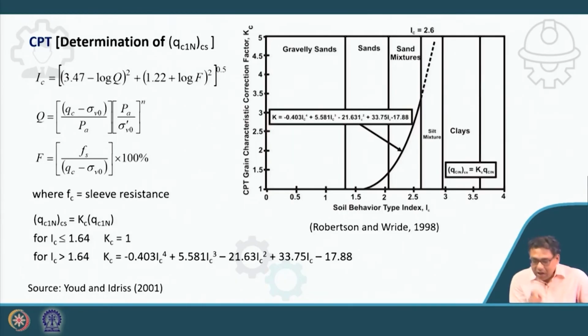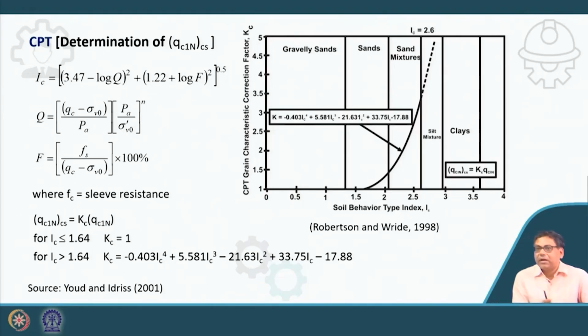Clear? Now if your IC value is greater than 1.64, then sand is mixed with fines, so it is not a clean sand condition. Or it can be silt or clays. When can it be silt or clay? If IC is greater than 2.6, it can be a silt mixture or even clays.